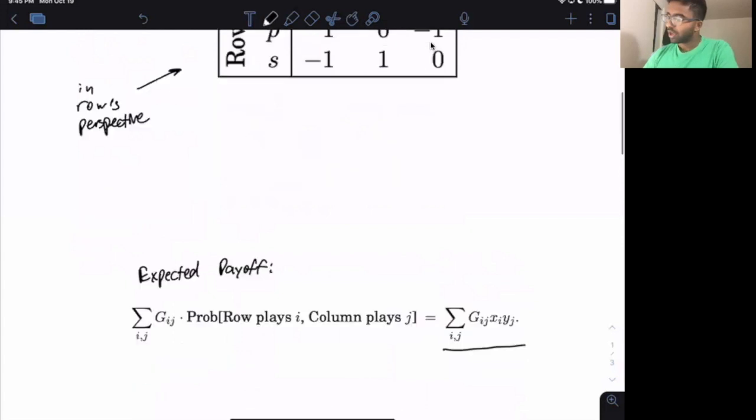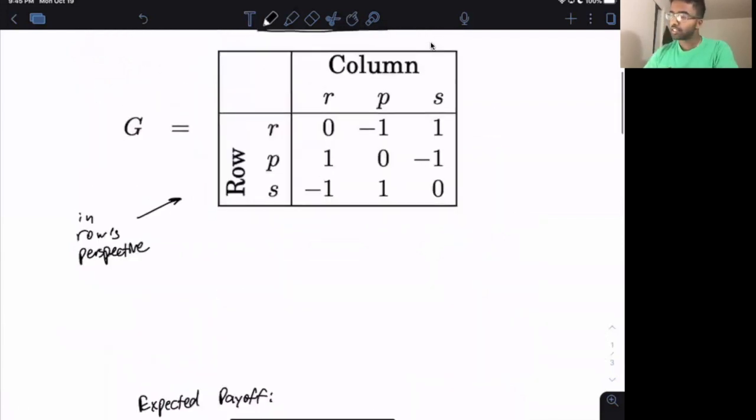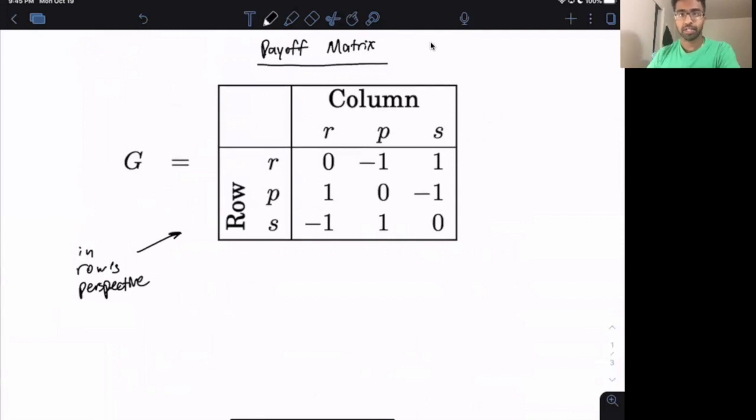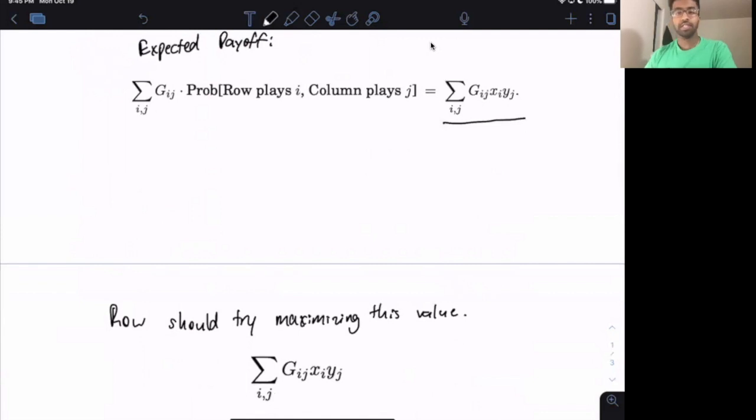Just to be really clear, since the payoff matrix is from the row's perspective, this expected payoff is also from the row's perspective. The row is trying to maximize this expected value, whereas the column wants to minimize it.